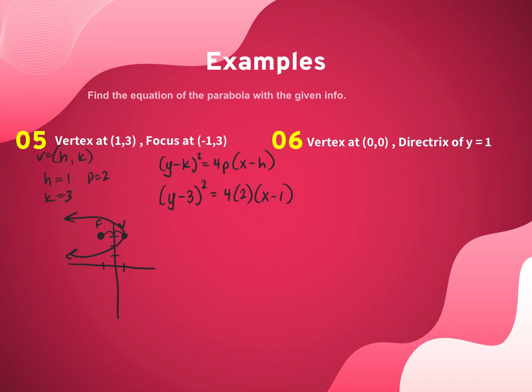Now, the only problem here is when I do this, notice that I get y minus 3 squared equals 8 times x minus 1. And if you notice, this value here is positive, which would indicate that the graph would open in the other direction. Because we know the graph opens to the left, we know this 8 there has to be a -8.